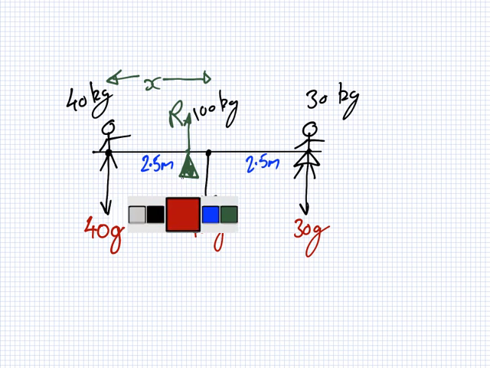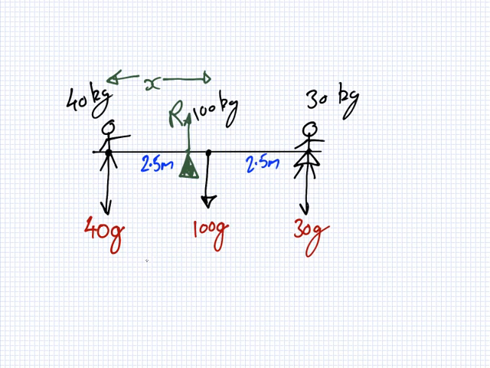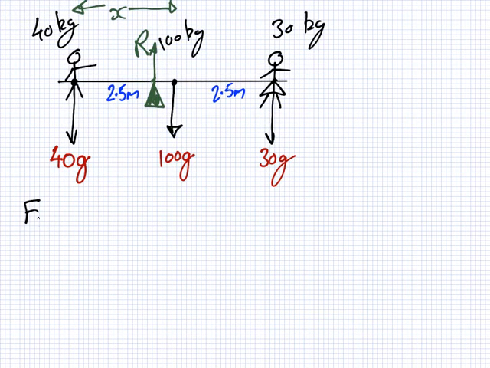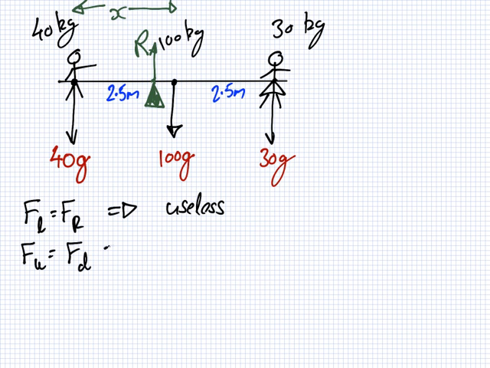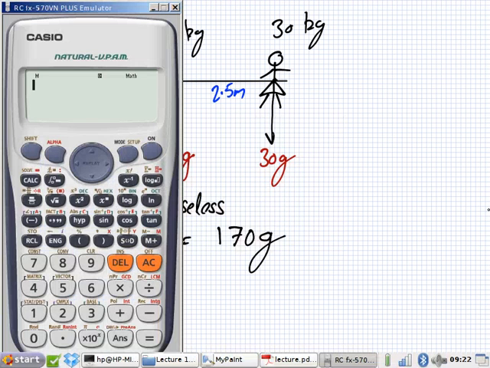Okay. Now, if this is in equilibrium, we know the forces to the left should equal the forces to the right, but that is useless because there is no force left and right. The next one is the forces up should equal the forces down. That is useful because I can say the reaction force should equal 170g, which I'll calculate actually.